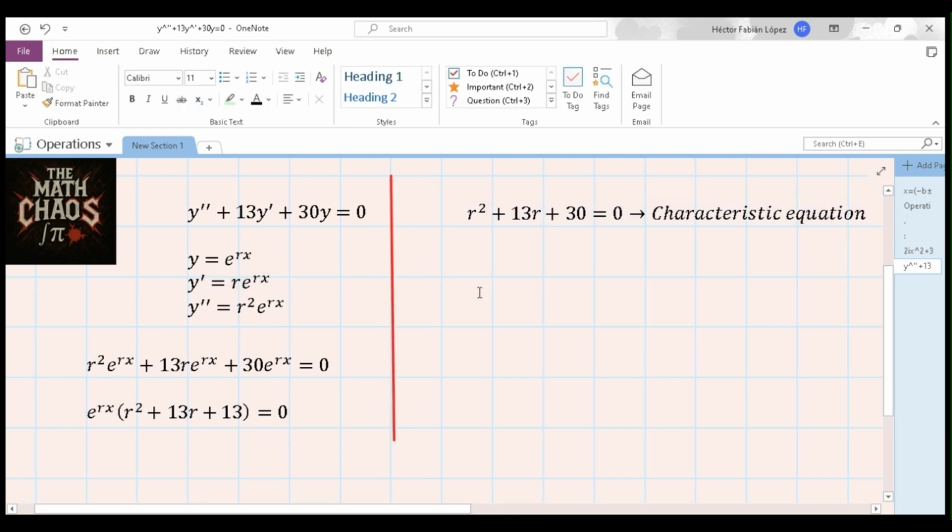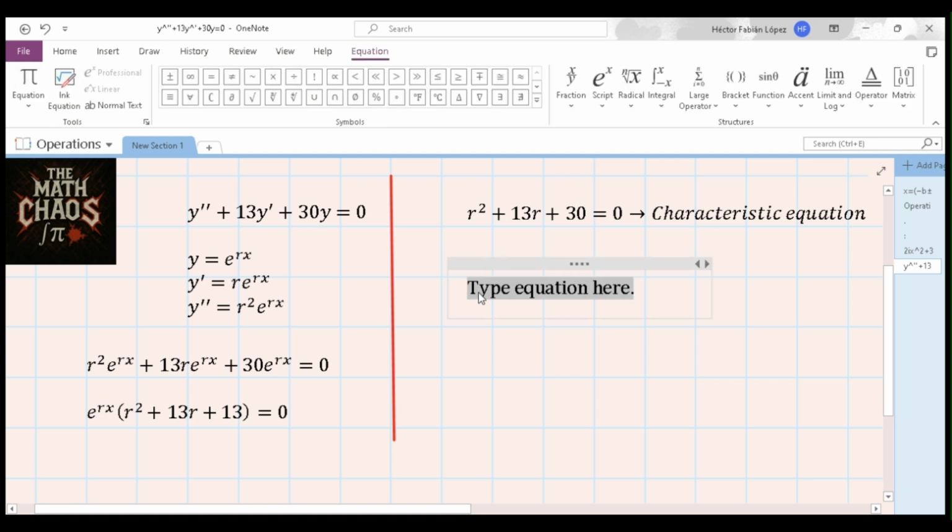Here we will use a factorization. As you can see, it is r plus 3 times r plus 10 equal to 0. This is because 3 plus 10 is 13, and 3 times 10 equals 30.